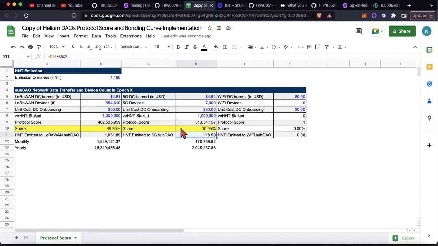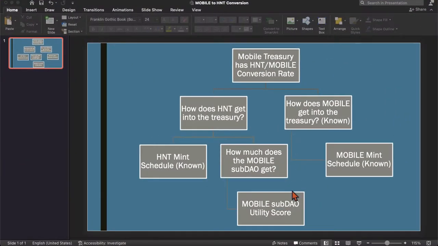So that means you'd have 10% of the 1180 HNT that's going to miners every 30 minutes, right? Okay, so in terms of monthly, that's 170,000 HNT. And then yearly, you're talking about 2 million HNT, where the LoRaWAN is still getting about 18 million HNT to its treasury. Okay, now the picture's starting to get a little bit clearer.